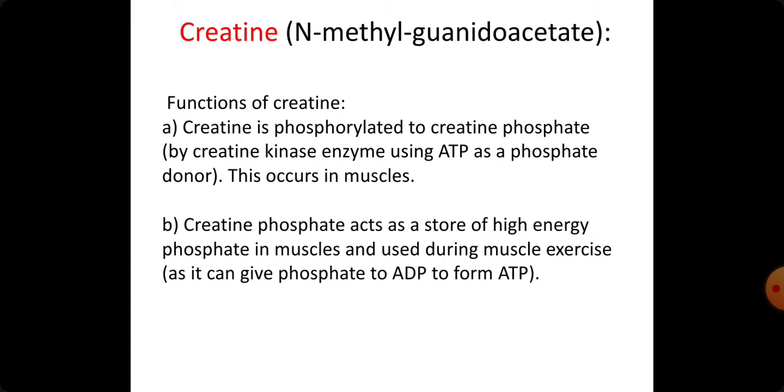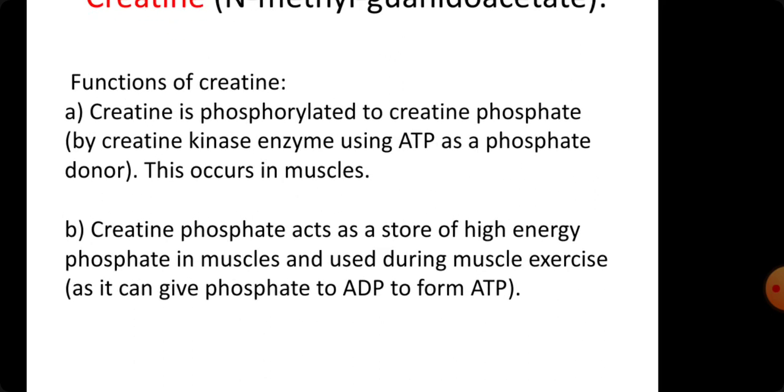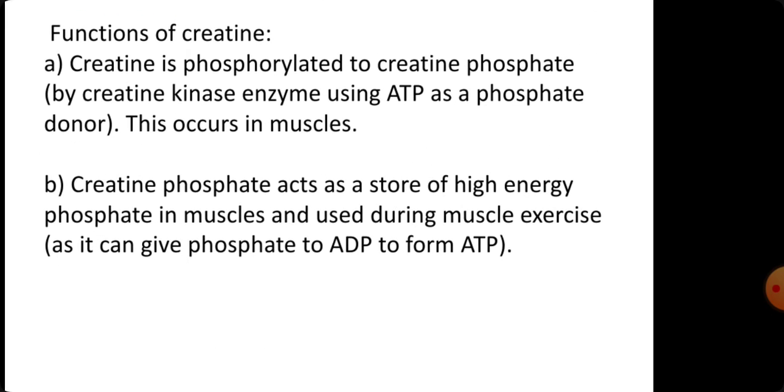Creatine is phosphorylated to creatine phosphate by the creatine kinase enzyme using ATP as the phosphate group donor.